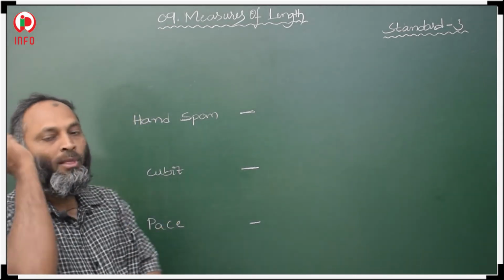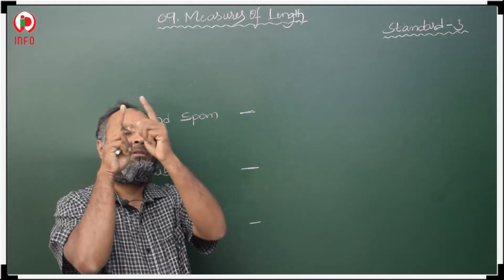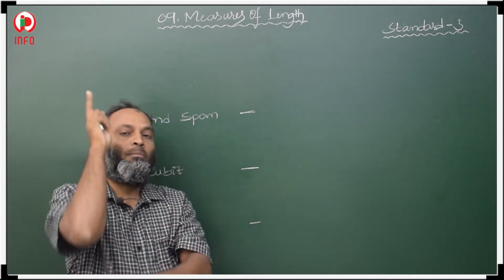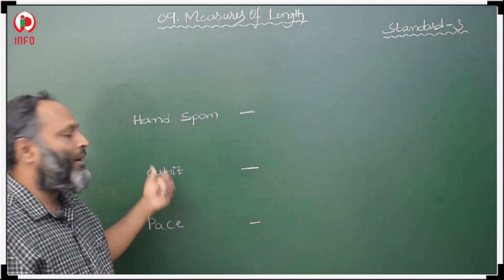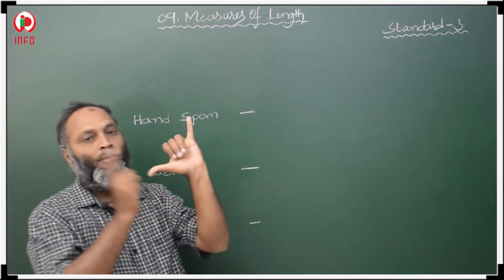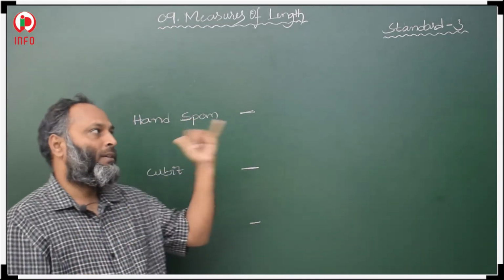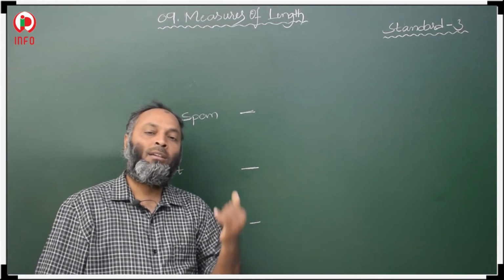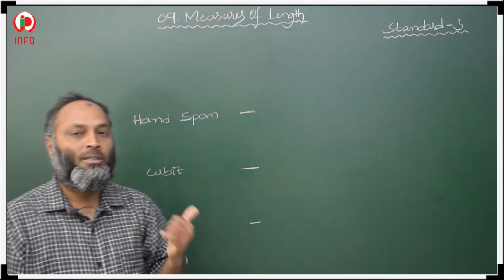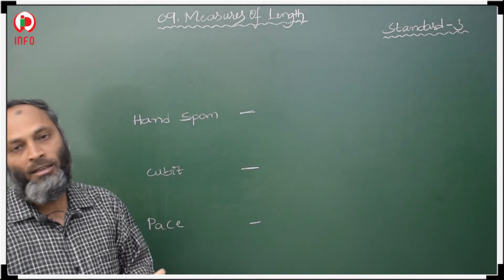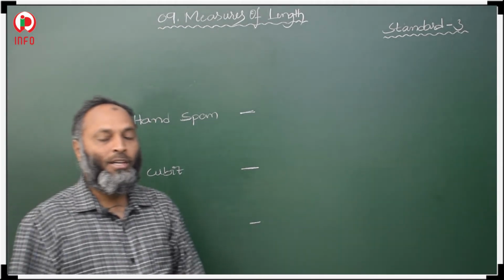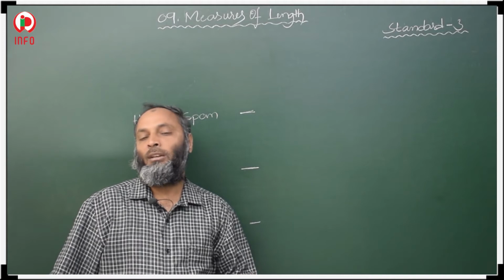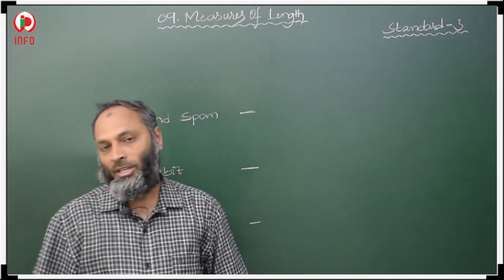Cubit means the elbow to the longest finger, that complete distance is a cubit. Hand span means from the thumb to the last finger, whatever the distance is, that is hand span. In earlier days they used these measurements to find length. Okay. Now we have standard units, like meters, kilometers and centimeters.